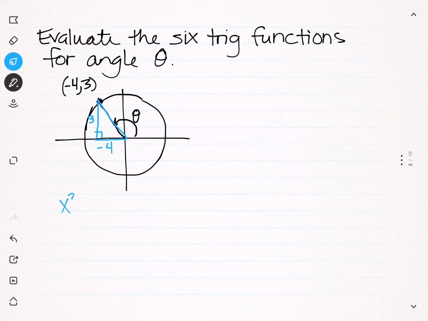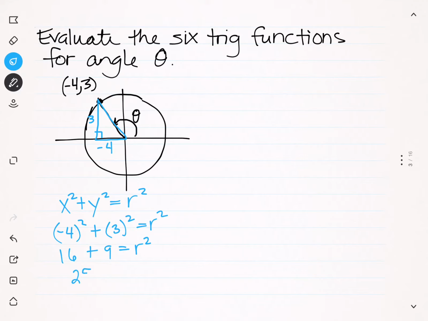So we have -4 squared plus 3 squared is equal to r squared. So 16 plus 9 equals r squared, and then we have 25, okay? So that means that r then is 5. And we aren't going to use two different values like plus or minus 5. We're always going to assume that the radius is positive. Okay, so our radius is 5 units.